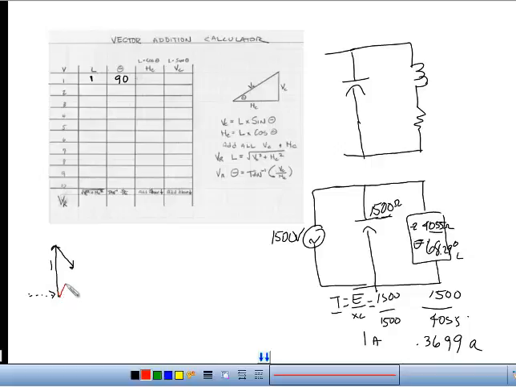Our resultant vector is going to start at the tail of the first, end at the head of the last, and we'll come up with what that final vector magnitude and direction is. So our second vector is 0.3699 at a phase angle of negative 68.29.